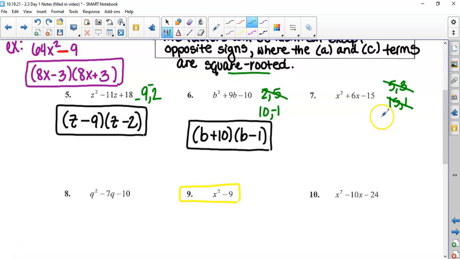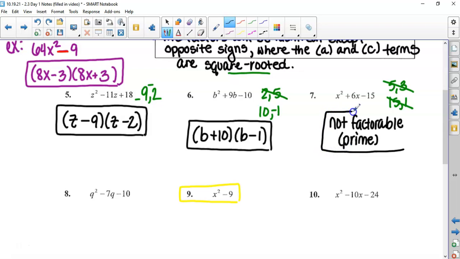So we do not have any factors of negative 15 that add to 6. So we say not factorable, or that's also called prime. If it's not factorable, it's prime. But you can either write this or this.